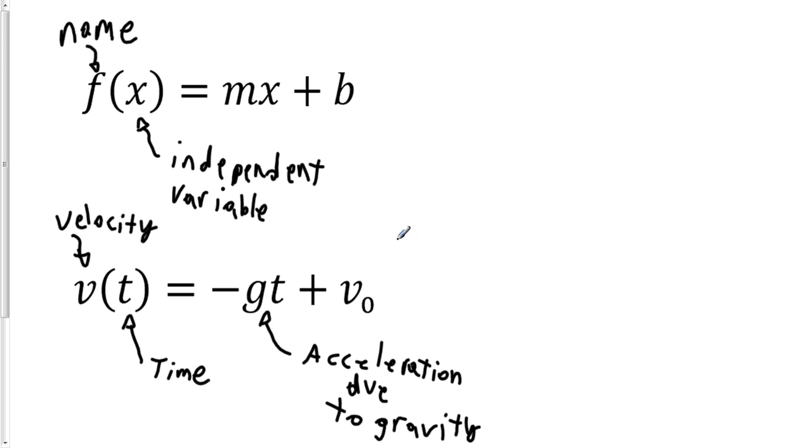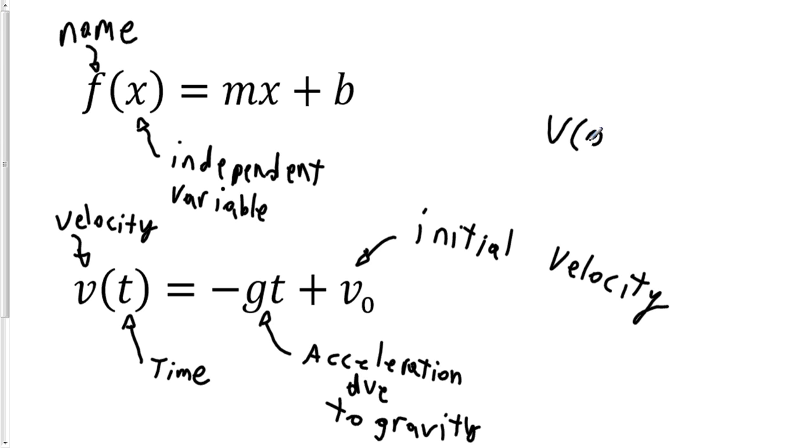All right, and this v naught right here, we call it v sub 0, is the initial velocity. It's literally the velocity of the object at time 0. If you plug 0 in for the time, 0 seconds after the thing starts to free fall, then this term goes away, and all you get is v sub 0, v naught. It's literally the velocity at time 0.